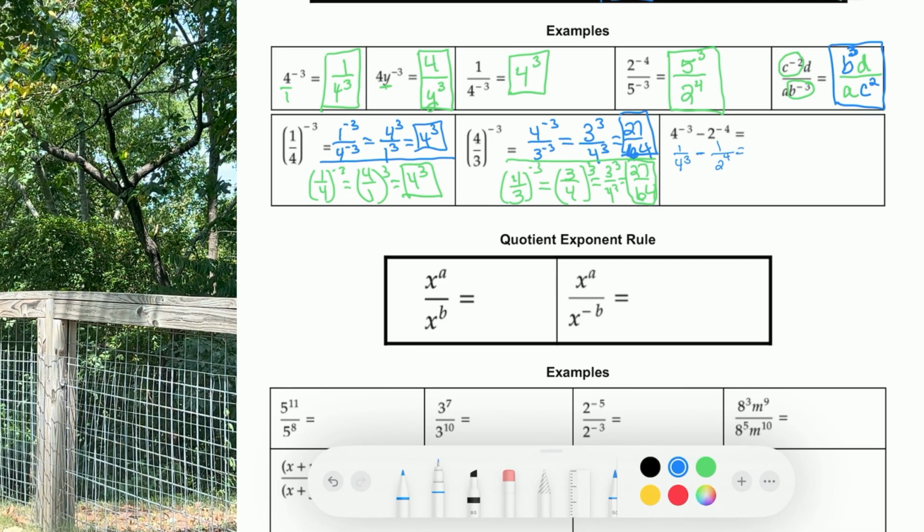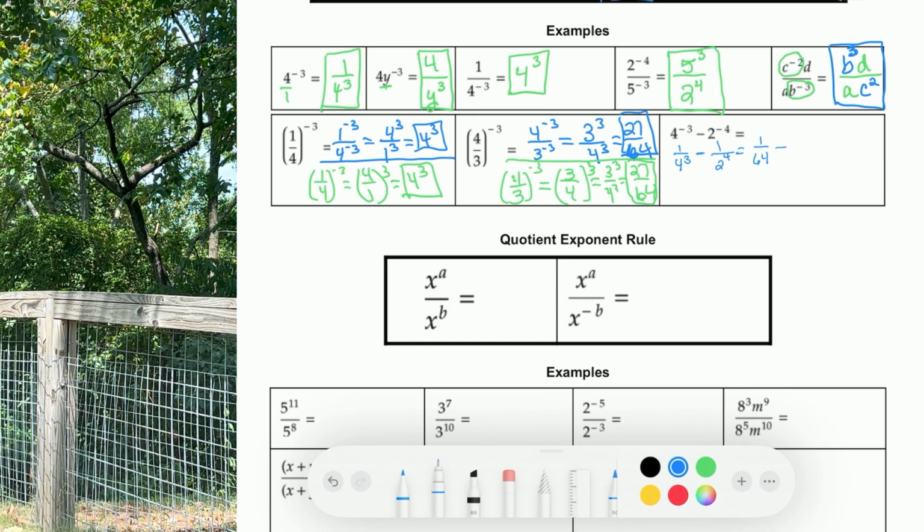Before I can subtract these fractions, I need to figure out what my bottom number is going to be by simplifying out those exponents. 4 to the 3rd is 4 times 4 is 16, times 4 again is 64. So that becomes 1 over 64 minus 2 to the 4th is 2 times 2 is 4, times 2 is 8, times 2 again is 16. So that becomes 1 over 16.